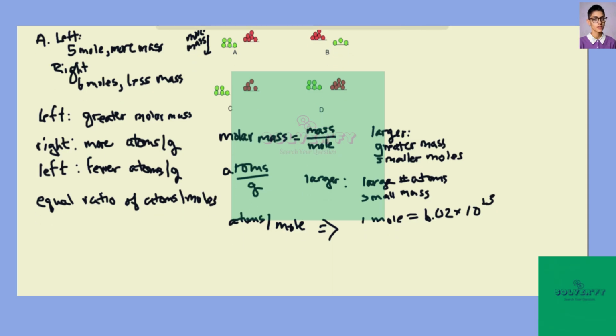If we look at example B, we can see that on the left, there are more particles or more moles, but less mass.